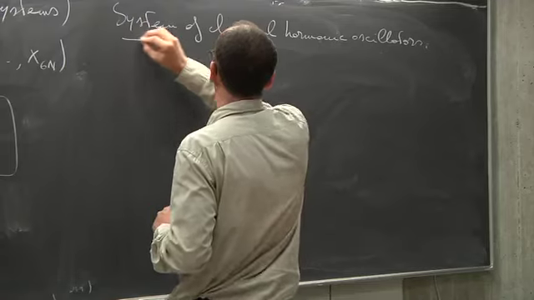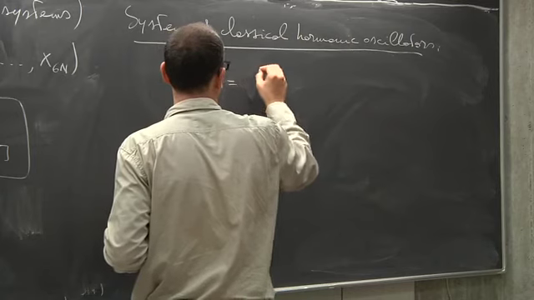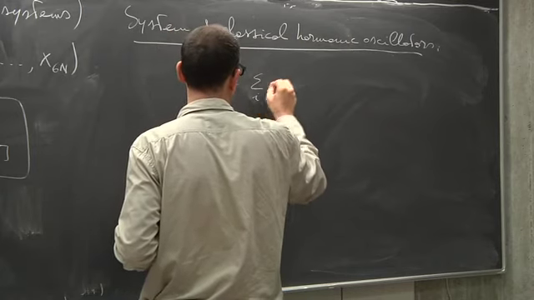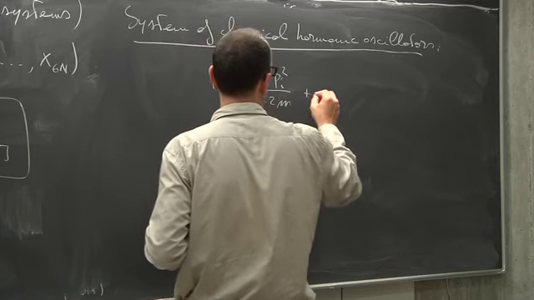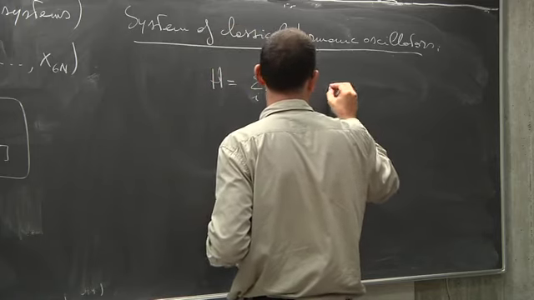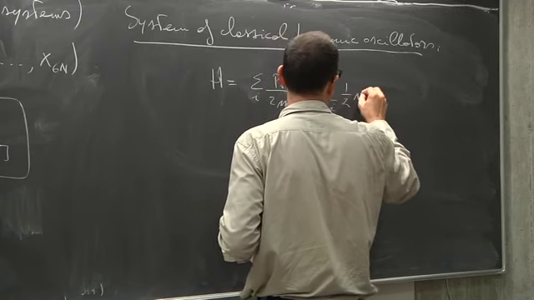For this system, you can think that the Hamiltonian is just the kinetic energy plus an elastic energy.